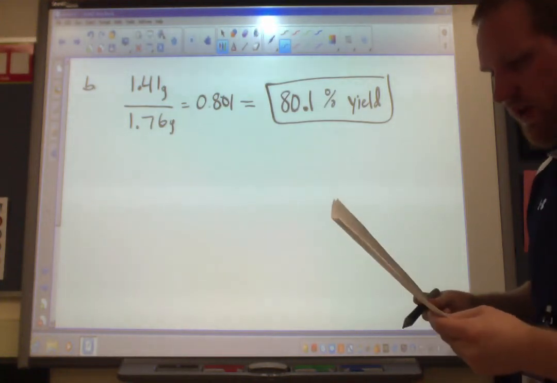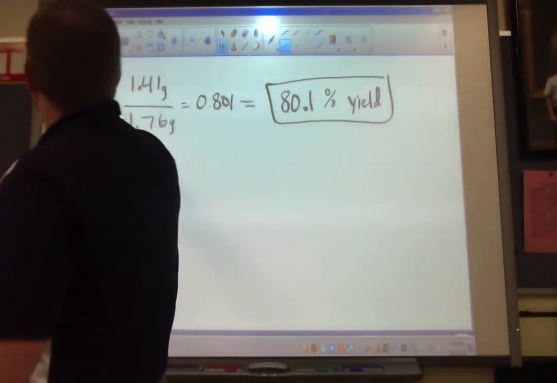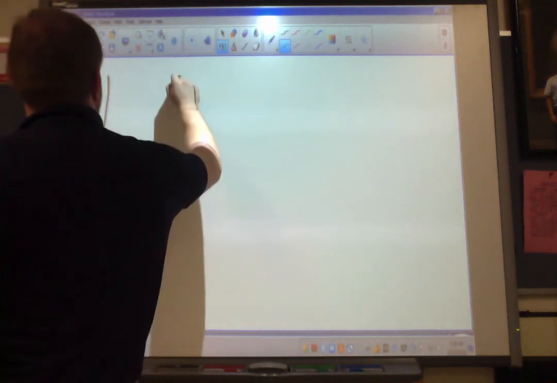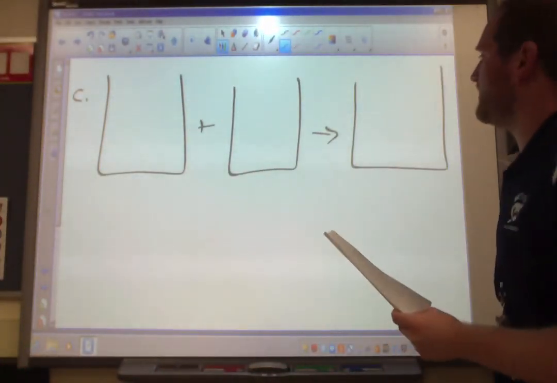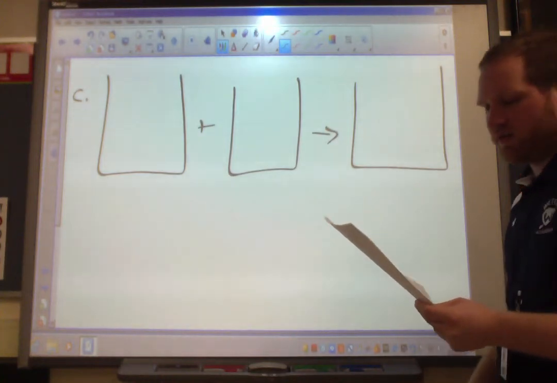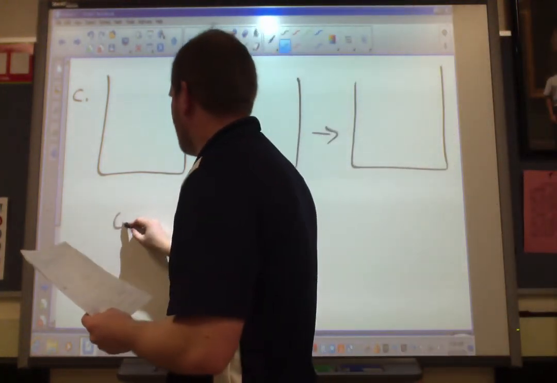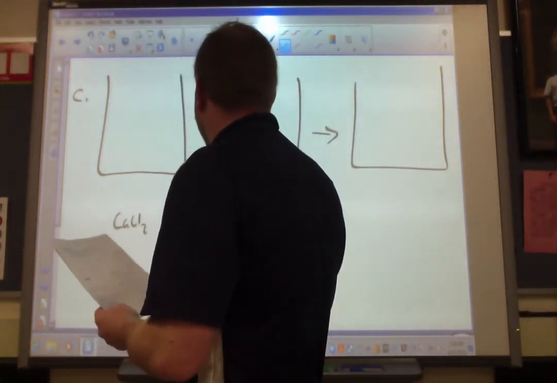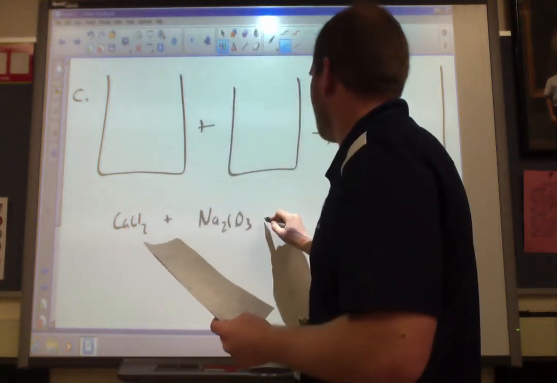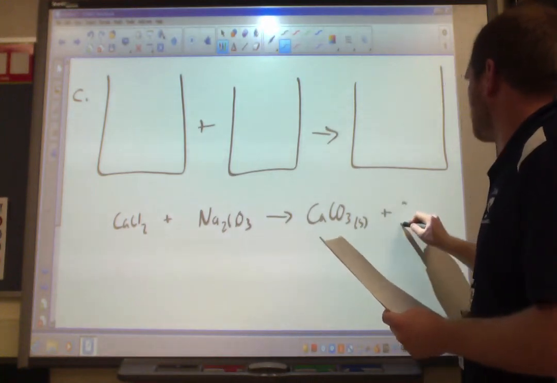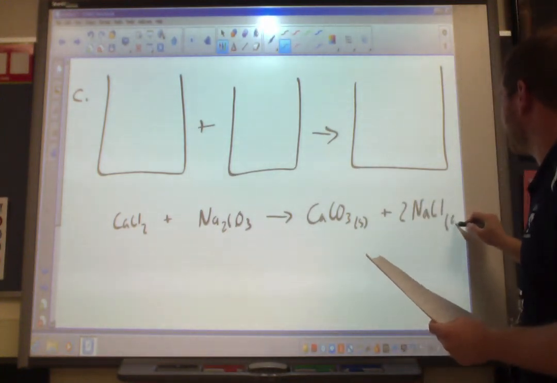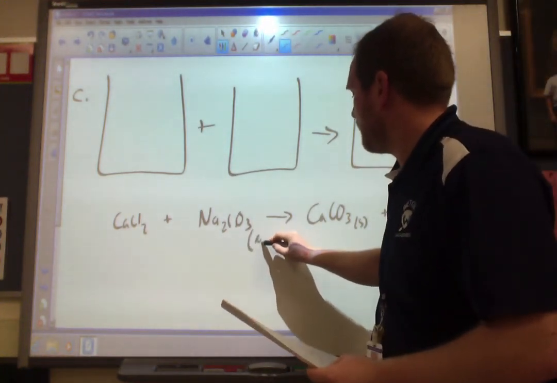Letter C, I'm asking for the sketch of the reaction. So beaker 1 plus beaker 2 yields beaker 3. Alright, so my original reaction was CaCl2 plus Na2CO3 yields CaCO3 plus 2NaCl, aqueous.